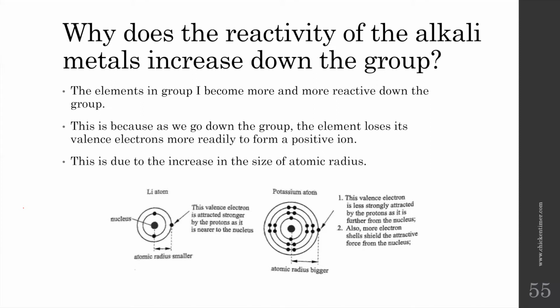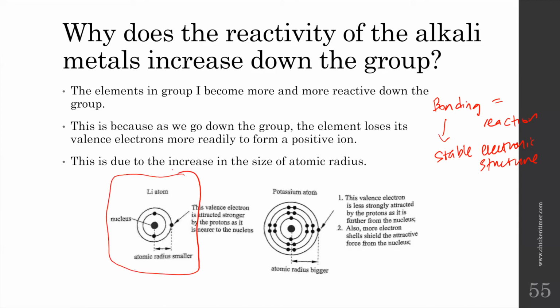From bonding, you understand that bonding means there's a chemical reaction taking place, right? Okay, so we have that. And then why bonding happens is because you want a stable electronic structure. Am I right? So now we have group 1 atoms here. So let's say lithium. Then lithium has this electronic structure and it has one valence electron out here.